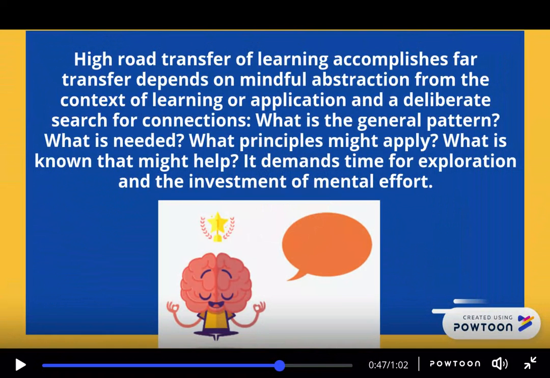What is needed? What principles might apply? For finding these connections, it demands time for exploration and investment of mental effort. For example, comparing arteries and electrical networks, if you're an electrician and you're learning about medical stuff like arteries in the human body.